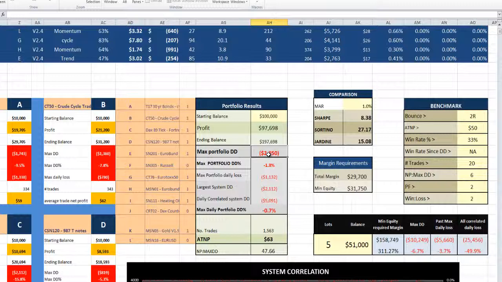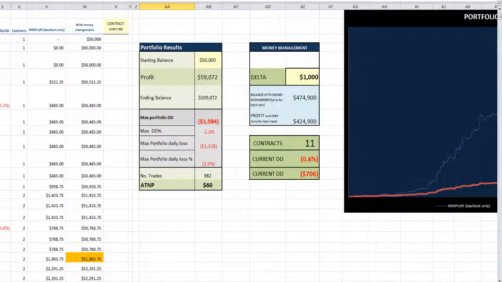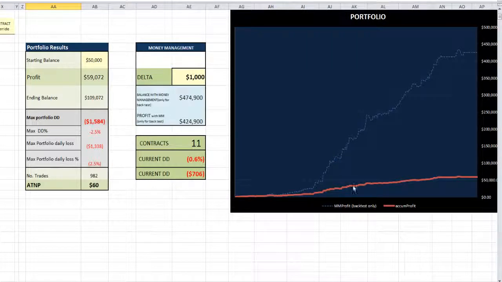So let's have a look at how this strategy would look with money management added to it. So traders, here it is here. This first line is obviously I've only got a couple of systems loaded up here. I think I've got 4 strategies loaded up here. So if I was trading 4 systems, which would be probably a 40 or 50k account, that would produce on a 50k account $59,000 with our 4 systems.